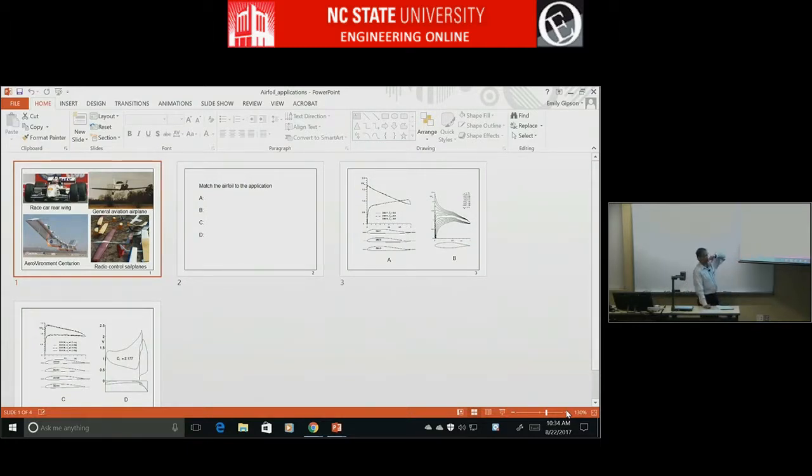Some of this is going to be obvious. So just in your notebook, match the airfoil to the application. We'll just take 2 minutes. It's very quick. Like I said, one answer is immediately obvious at least.